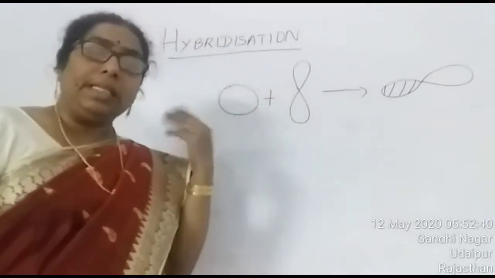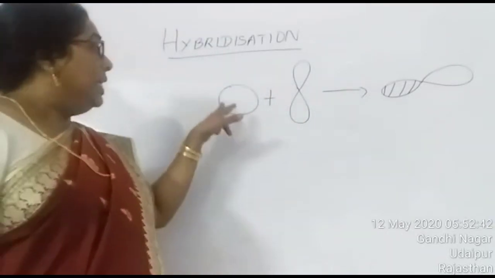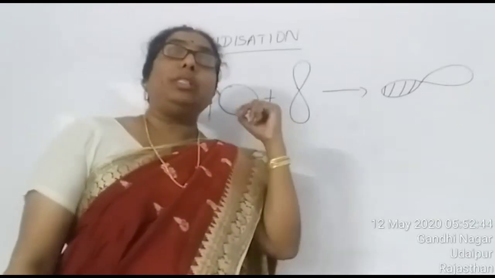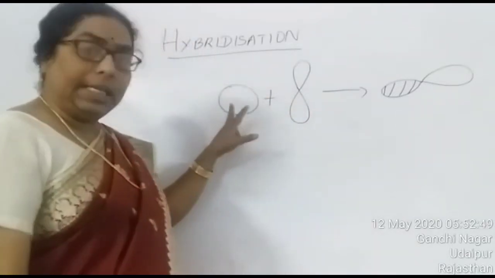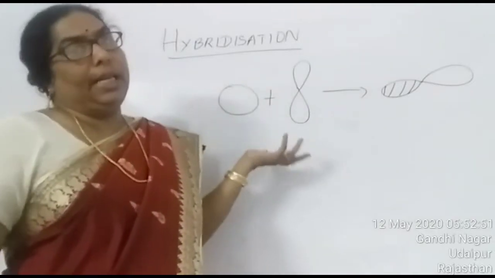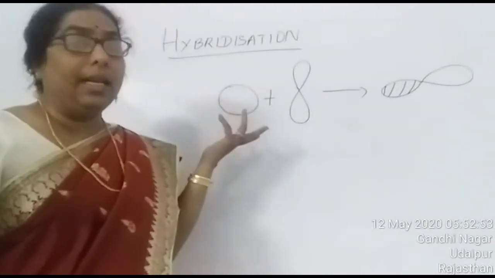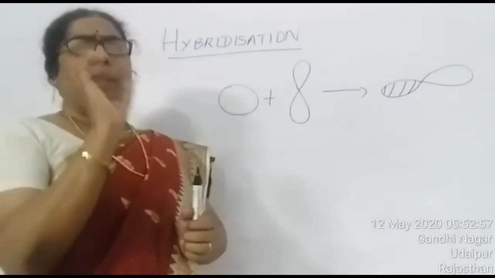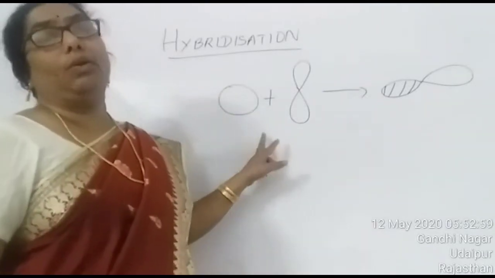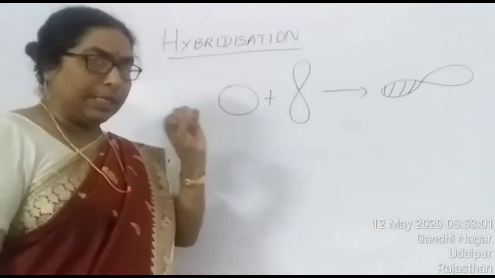And what is the specialty of these orbitals? The orbitals which undergo hybridization should differ in their shape. Take the s orbital and p orbital: they are completely different in shape, and their energy will be almost the same. A slight difference in energy can also be there. That is the specialty of these orbitals.